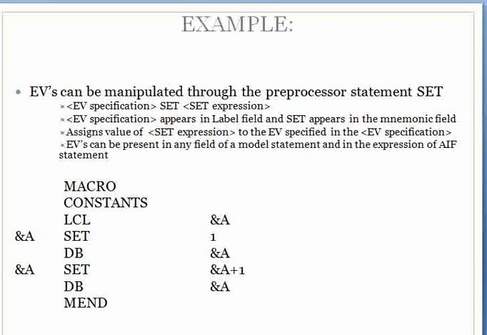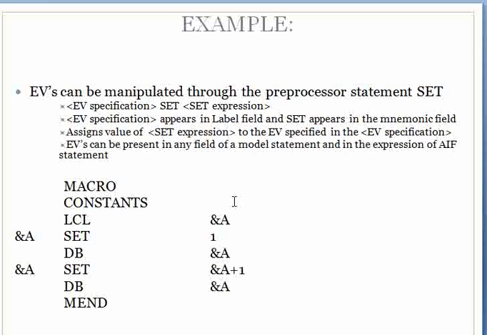Now, how can we manipulate the value of these expansion time variables? We can manipulate them through a preprocessor statement called SET. If you remember, I mentioned previously that a macro contains a prototype statement. In this example, the line with the name of the macro is the prototype statement, which contains the name of the macro followed by any parameters, if any. This macro does not contain any parameters.